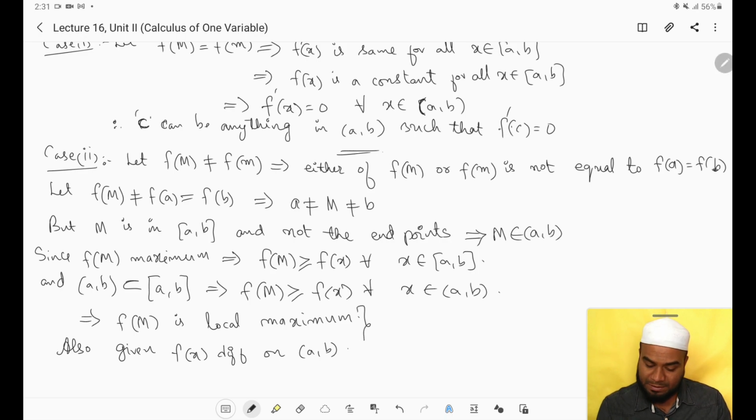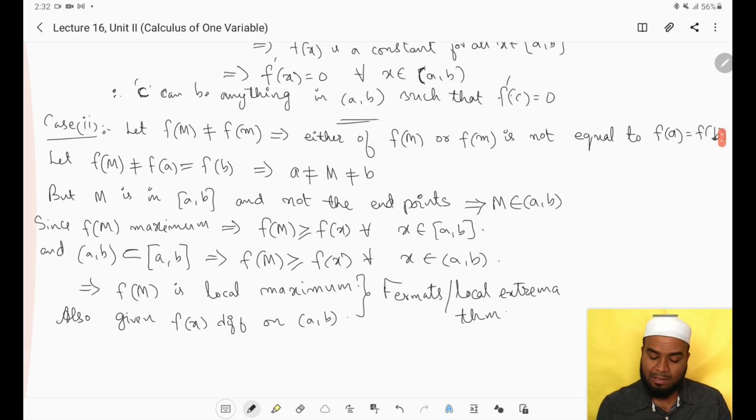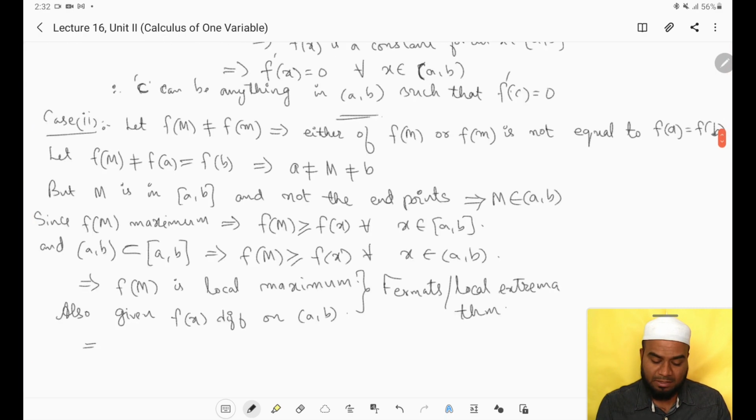If these two conditions are satisfied, then there is a theorem called Fermat's theorem, or the local extrema theorem. This theorem says that f dash of M is equal to 0.